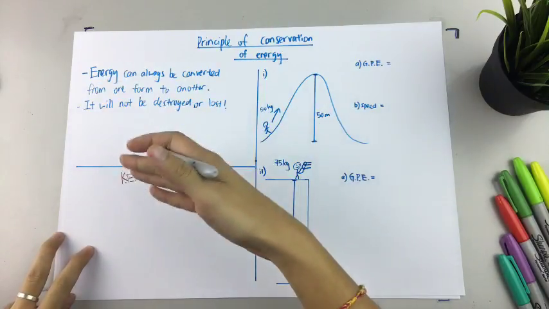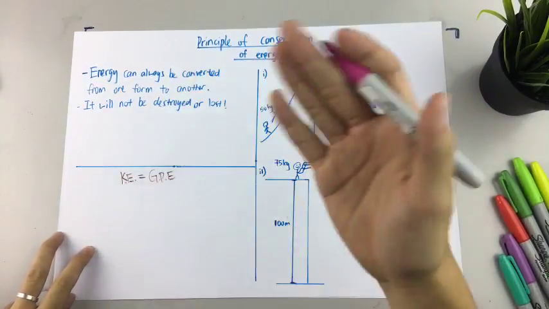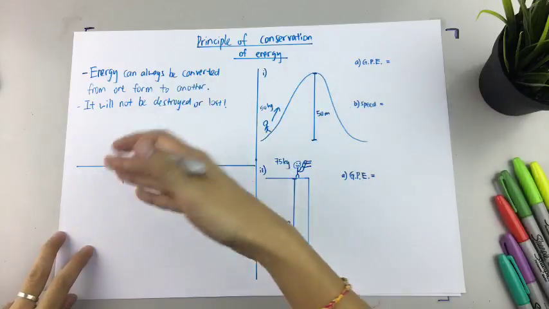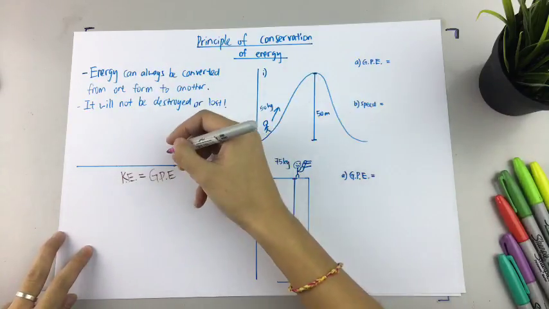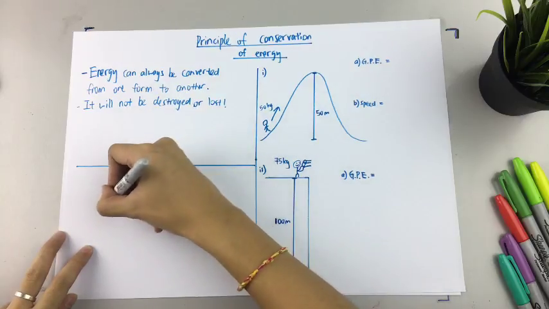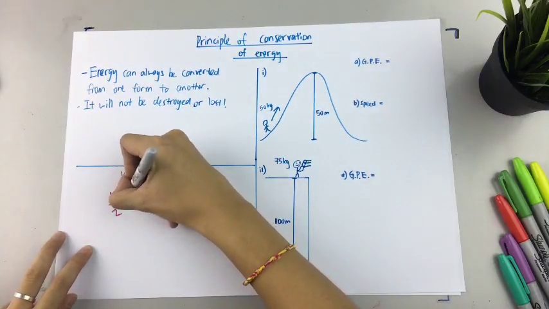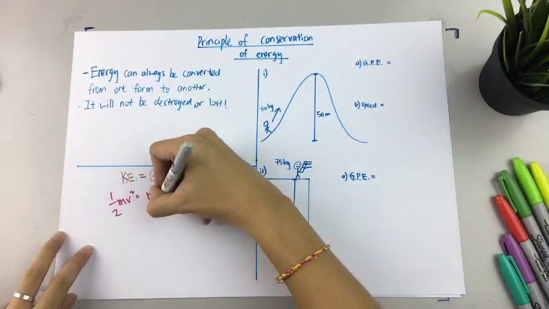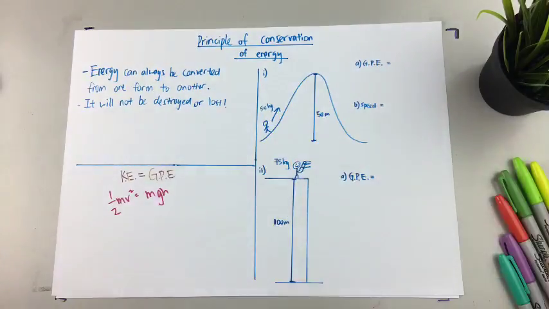No matter what form it changed into, the total amount will be the same, so we can put an equal sign there. It's just changing the details inside. KE will be 1 over 2 mv squared equals mgh. So we can use it like this: from the total amount of energy we can find the missing details inside.